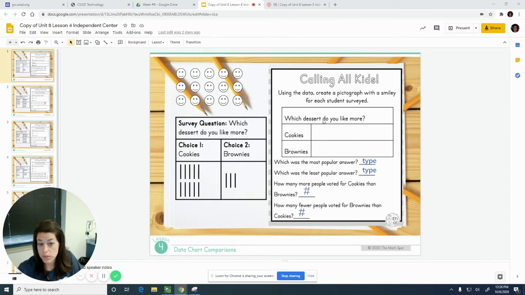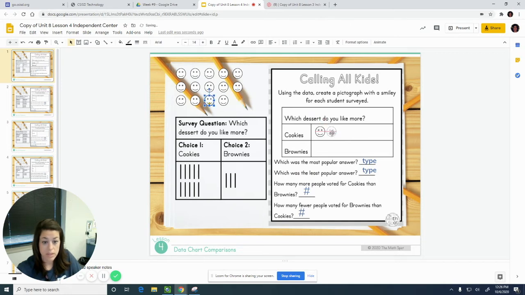Which dessert do you like more? We had cookies and we had brownies. How many people chose cookies? Let's count. 1, 2, 3, 4, 5, 6, 7, 8, 9, 10. 10 people liked cookies. So I'm going to go ahead and put 10 faces.